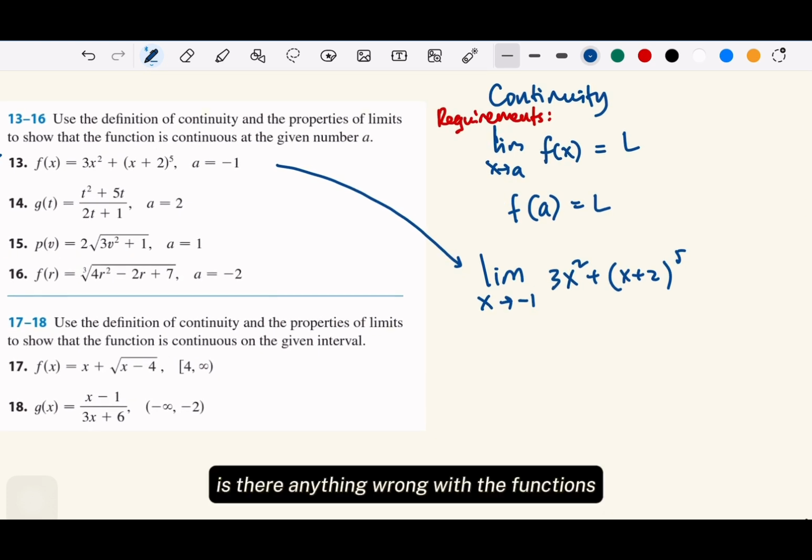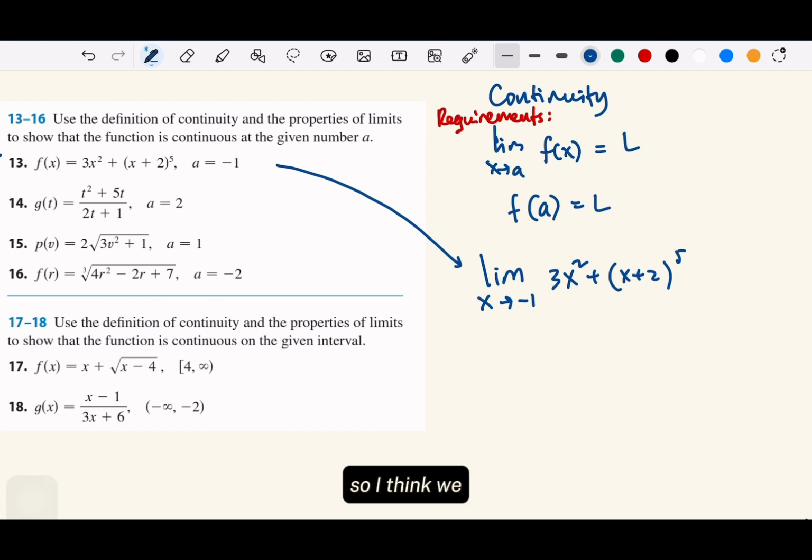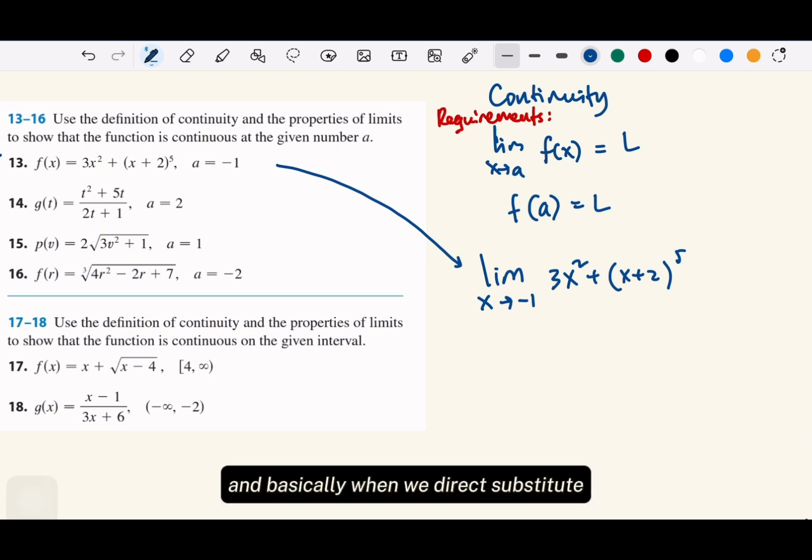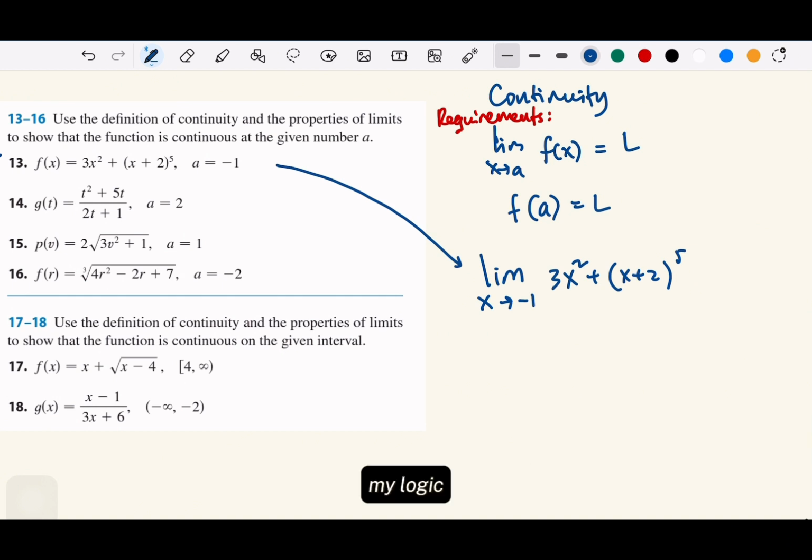Is there anything wrong with the function? Any domain that we need to be aware of? I don't think so, right? It's continuous for all domain, so we can just direct substitute. And basically, when we direct substitute, it's the same as this function, by logic.